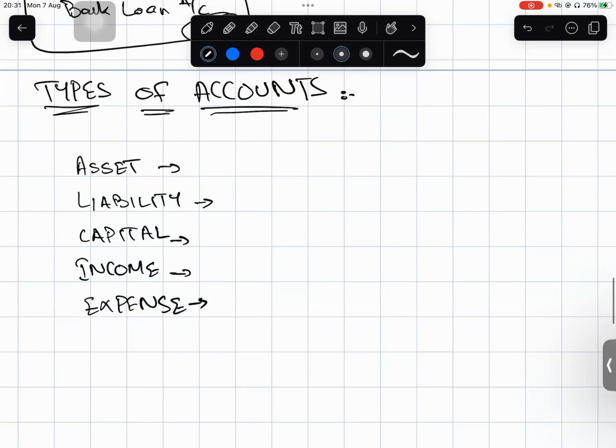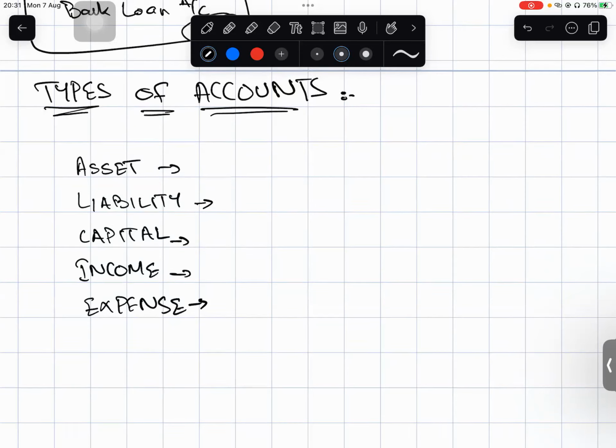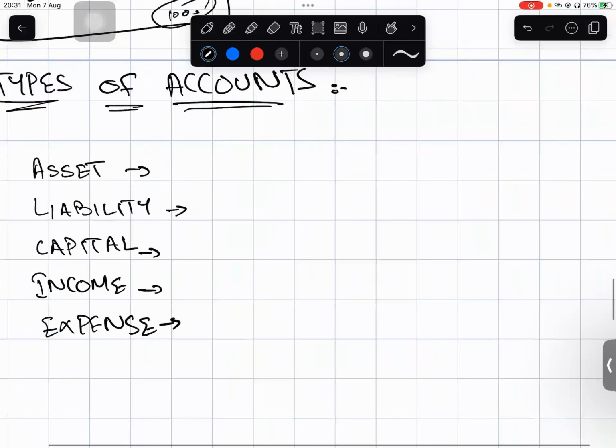Okay. So assets, what do you understand by assets? What do you think assets are? Cash, and which can increase the value of the company. Right. Which can increase the value of the company.